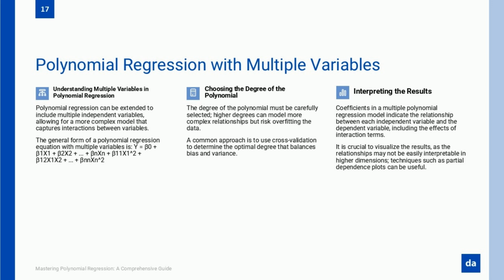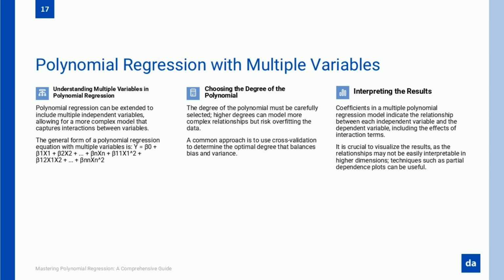In climate science, it is used to predict weather patterns based on temperature, humidity, and wind speed. In finance, multivariate polynomial regression can model risk factors affecting stock prices or economic trends. By applying polynomial regression with multiple variables, analysts can capture complex relationships that traditional linear models would miss.